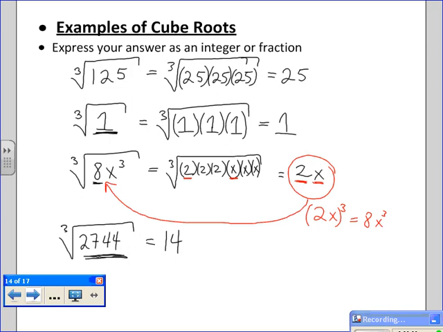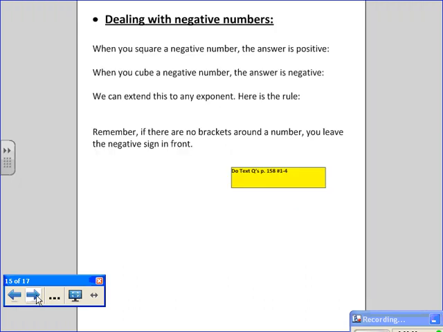I've got one final note here on dealing with negative numbers, which is on the bottom of the same page. Just a couple of quick rules when we're dealing with negative numbers in multiplications or in taking roots. When you square a negative number, the answer is always positive.